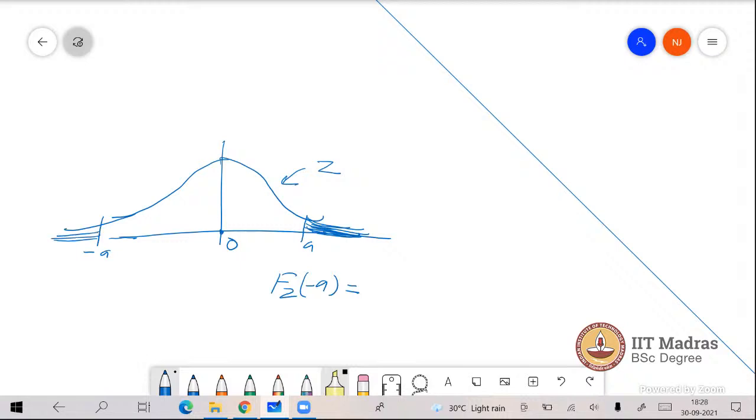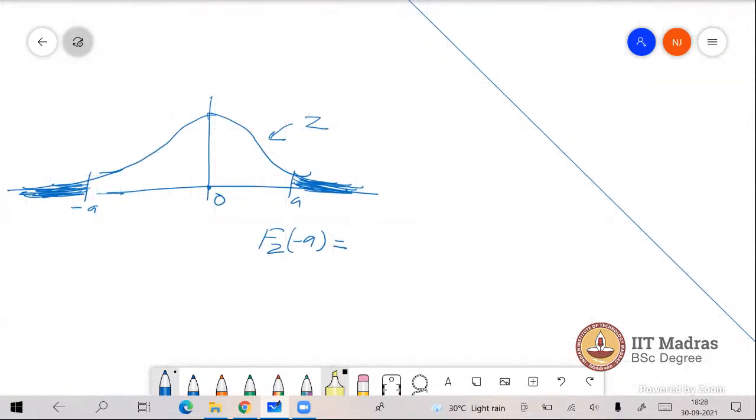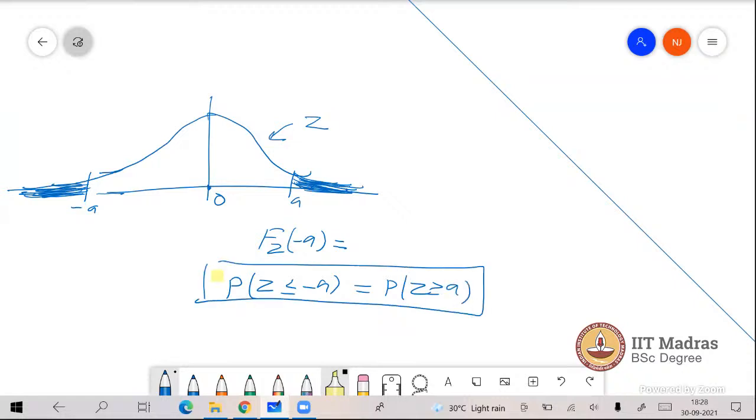This area, right? The probability that Z is less than or equal to minus A. And look at this area. These two areas are the same, right? So P of Z less than or equal to minus A is the same as P of Z greater than or equal to A. Two tails: this area is the same as this area just because of the symmetric nature.